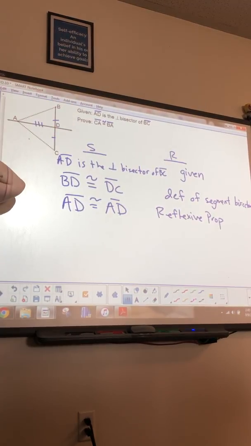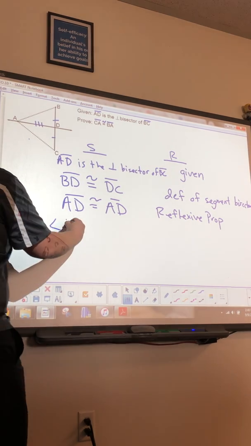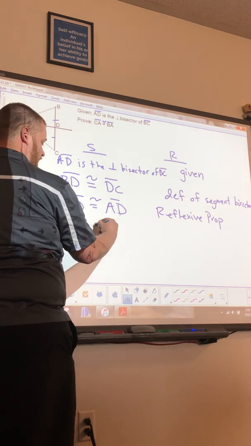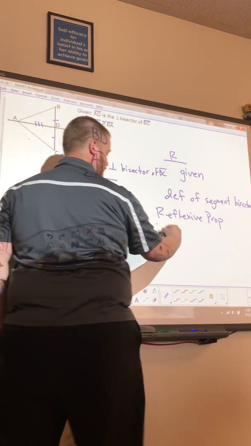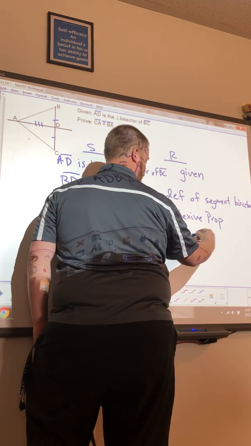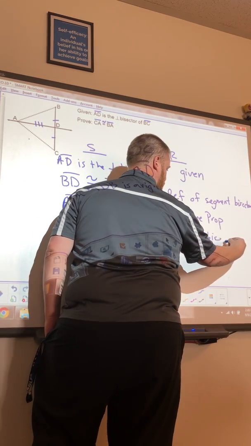It's a perpendicular bisector. Perpendicular bisectors bisect at right angles. So I can say the angle ADB is a right angle by definition of perpendicular bisector.